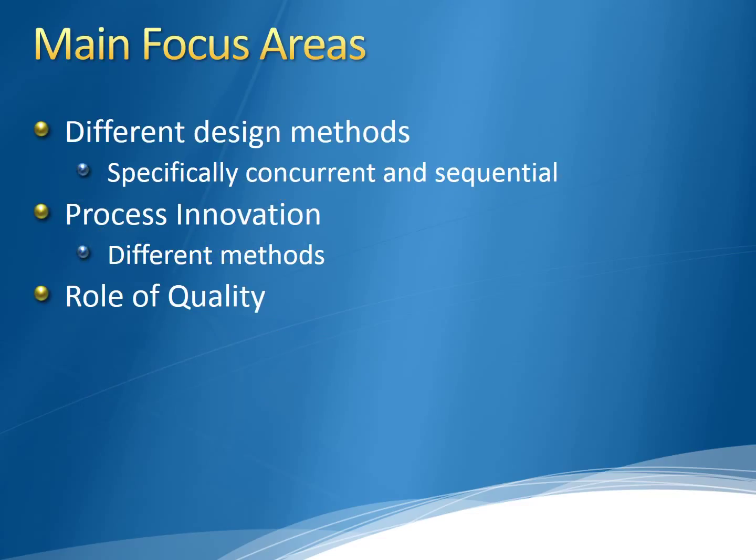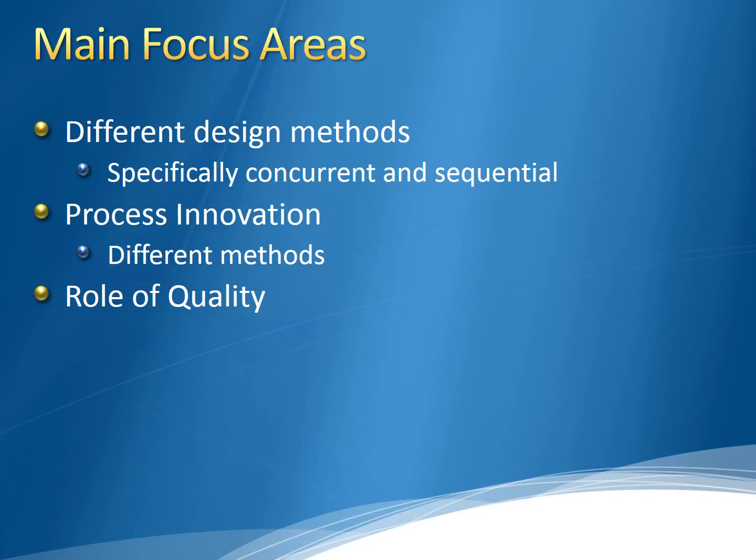The main focus areas that I'm looking at within this scope are different design methods, and specifically we're going to look at concurrent and sequential design. Look at some of the similarities and differences between the two, as well as benefits and drawbacks to each. We're also going to take a look at process innovation and different methods of applying process innovation as well as where it's effective.